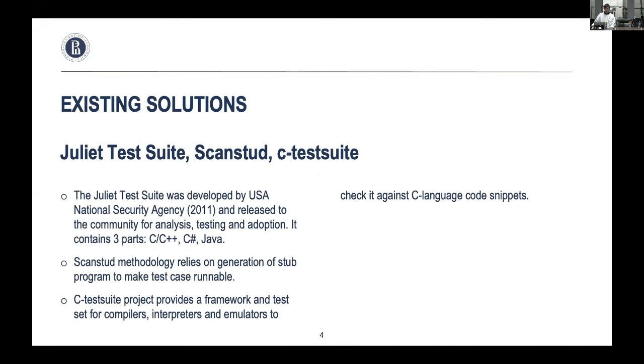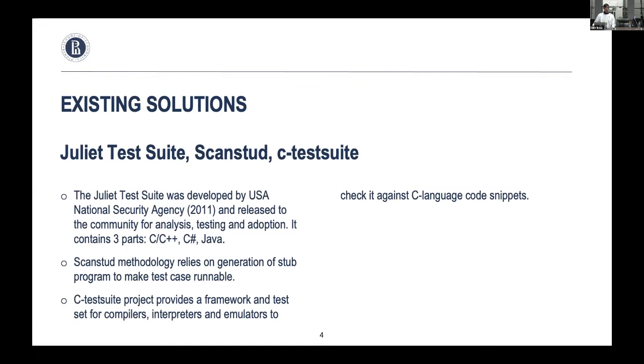Moving on to the next point, I'd like to consider the existing solutions. I consider three solutions. They are Juliet Test Suite, ScanStat, and Seed Test Suite. The Juliet Test Suite was developed by the USA National Security Agency and released to the community for analysis, testing, and adoption.